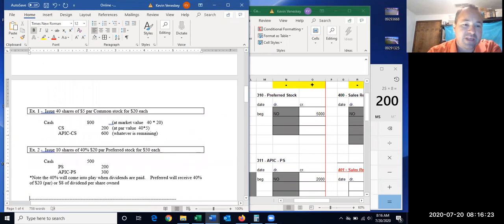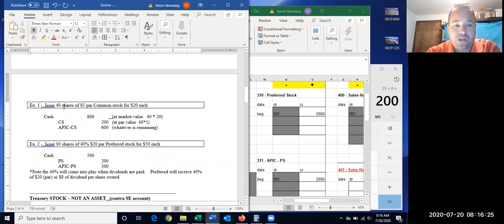All right, so when we look at example number 1, we issue 40 shares, and they are designated $5 par common stock, but the stock is currently worth 20 bucks a share. How we're going to journalize that: we're the company giving ownership, so people are paying us to be part owners of our business. We're giving them 40 shares, and they're giving us 20 bucks a share.